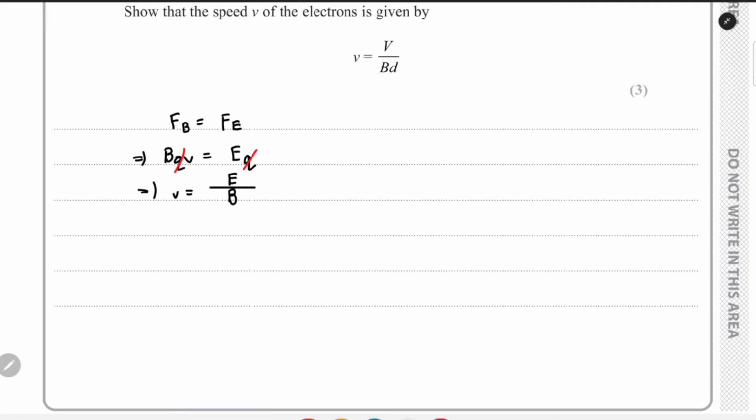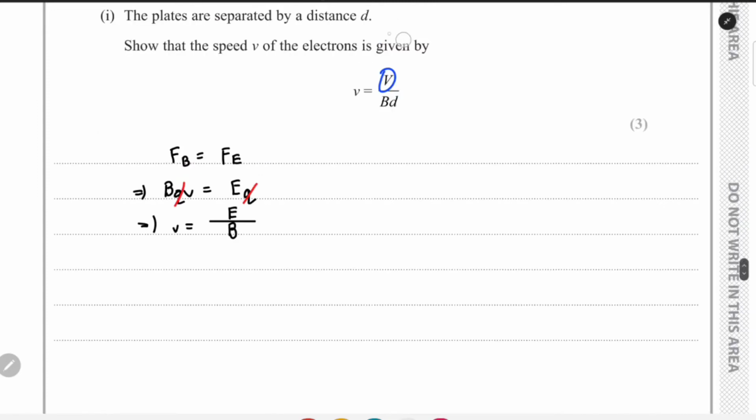Now we also have to convert this electric field strength to the potential difference. The link between the electric field strength and the potential difference is that the electric field strength is equal to the potential difference divided by the distance.